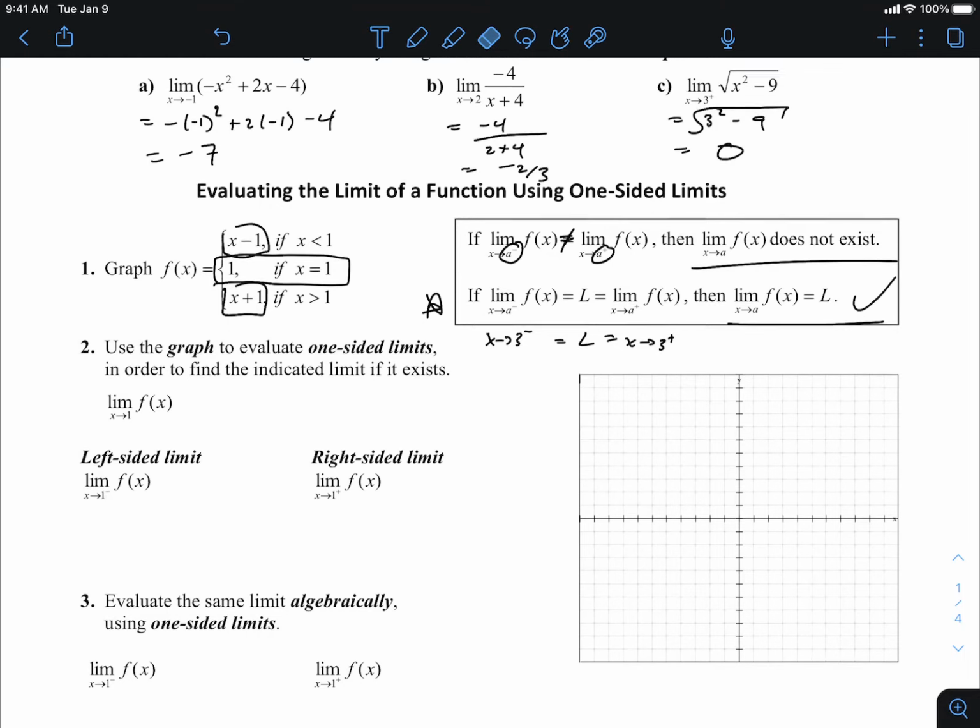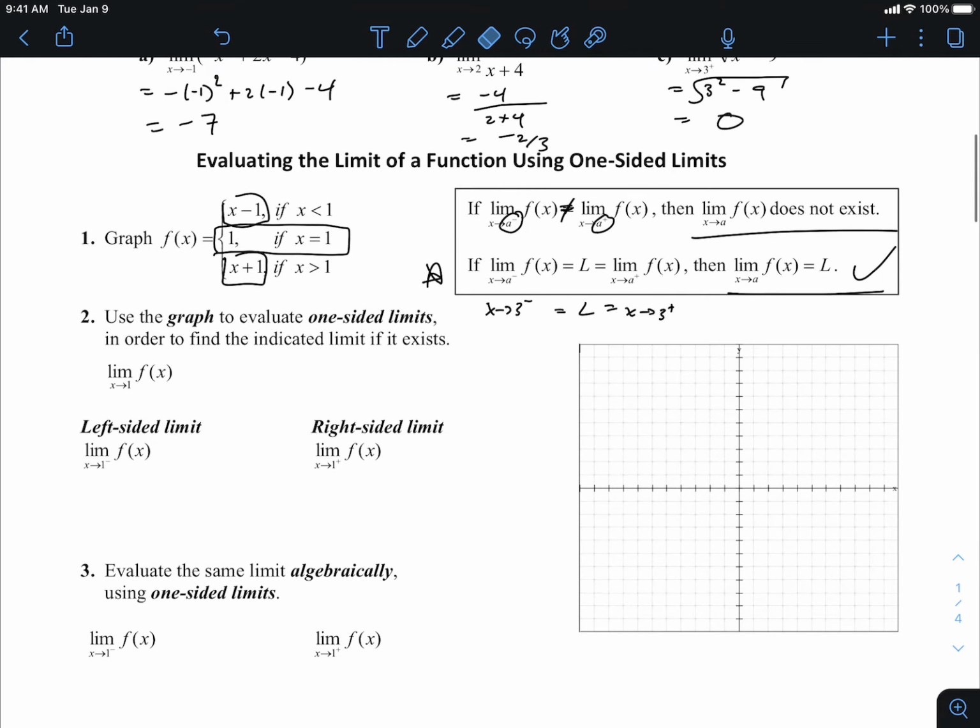And so we're going to check what the limit actually is for this. First things first, I would graph each of these individually. So I'd graph x minus 1, but the catch is it has to be less than, and it does not say less than or equal to. So we denote that on the graph differently. For the very first point, x is less than 1, so why don't we just plot this like a normal graph?